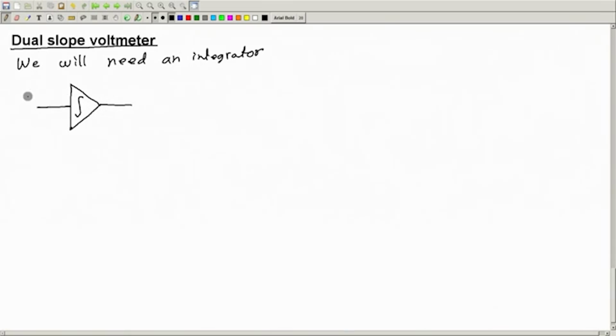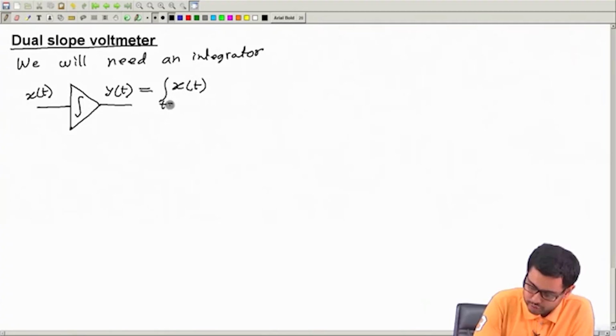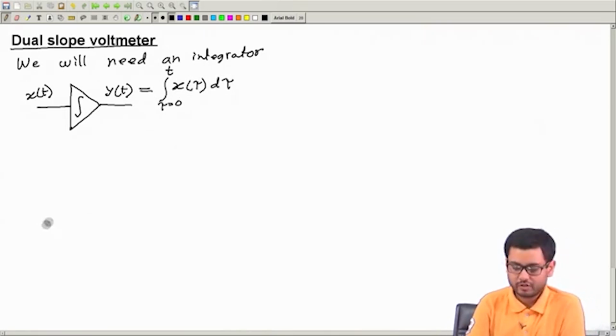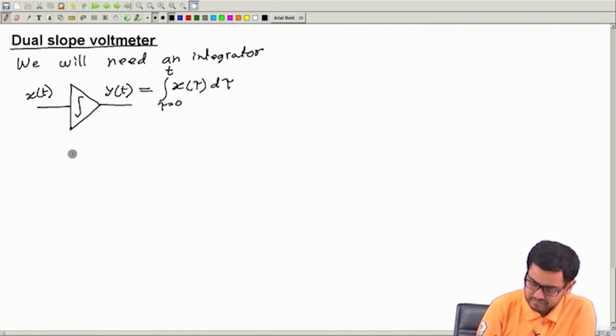What it does? If I give the input as x(t), then the output y(t) will be the integration of x(t) over time, starting from some reference time t equal to 0 to some time t, of x(tau) d tau. Tau is the dummy variable.